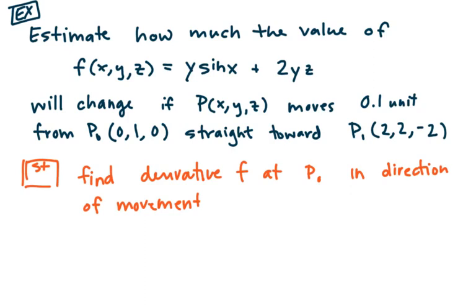And which way are we moving? That would be the vector from p naught to p sub 1.